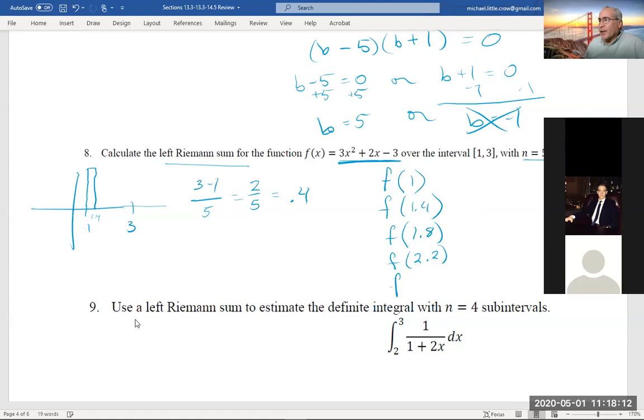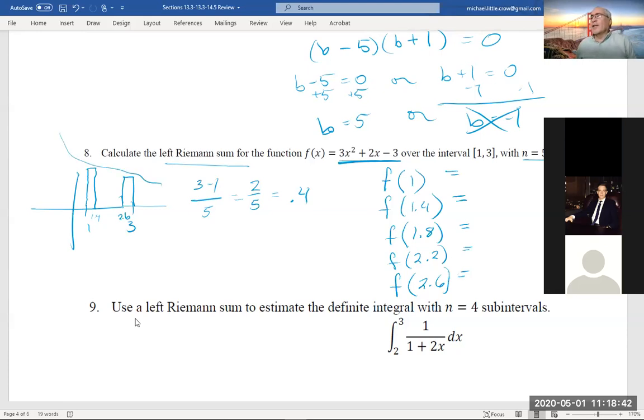The last one, add 0.4 to this, that's going to be 2.6. And if you added one more, 2.6 plus 0.4 gets us to 3, which is the end. But this is a left sum because these are the left sides of the box. So there is a box right here at 2.6. And again, the function comes down like this somehow.